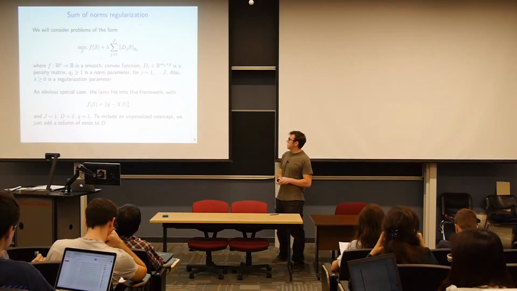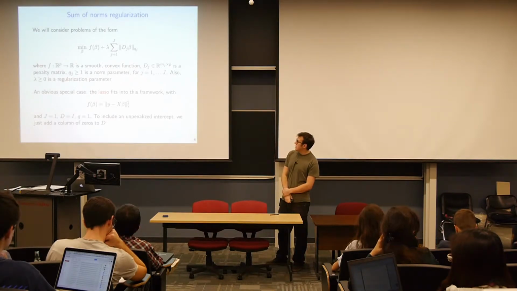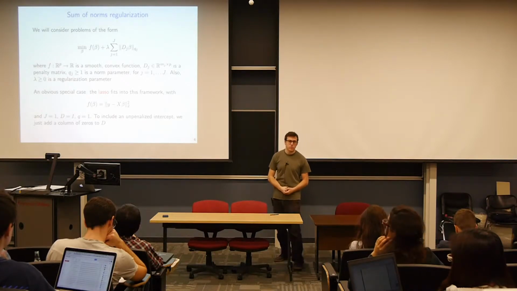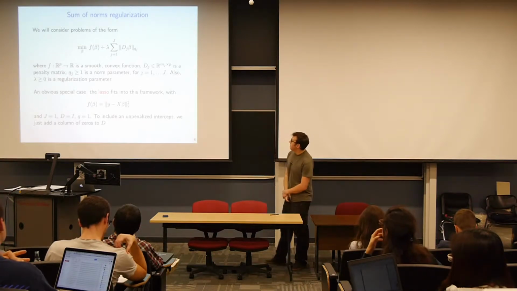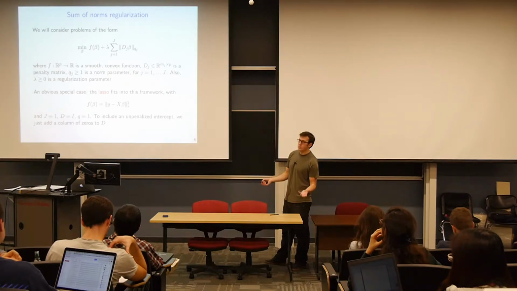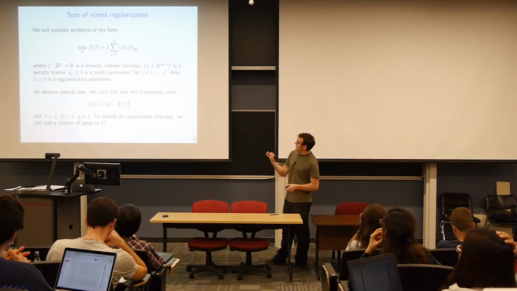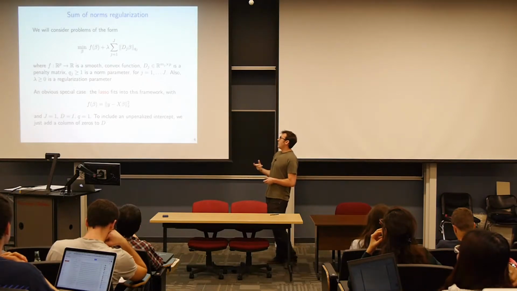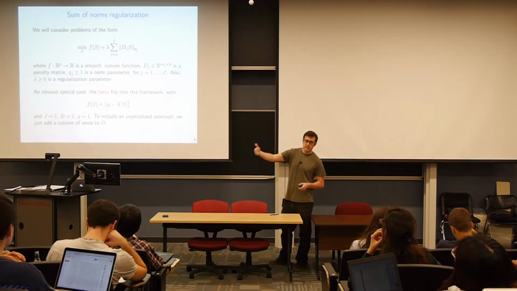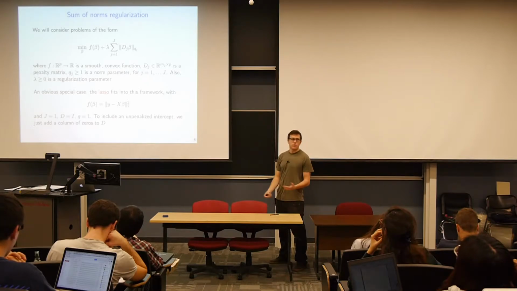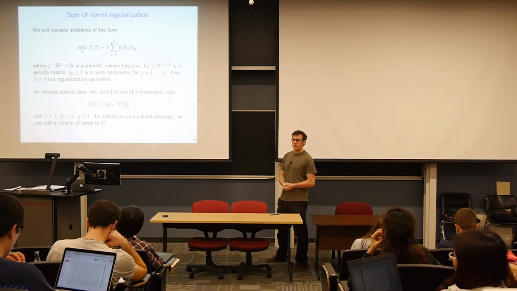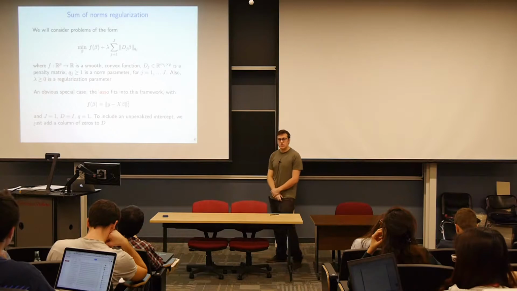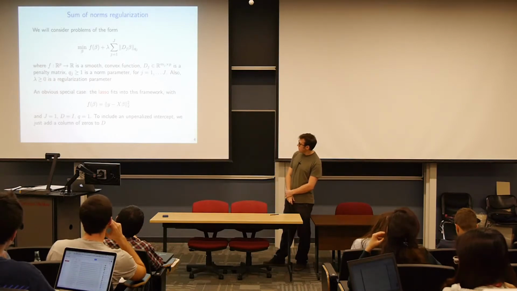And then we're going to consider a class of regularization terms that have the following form. We take a sum over some number of groups j. In this sum, there's a penalty matrix D_j. We apply that penalty matrix to the optimization variable beta, and then we take some norm of that quantity and combine it with a regularization parameter lambda.